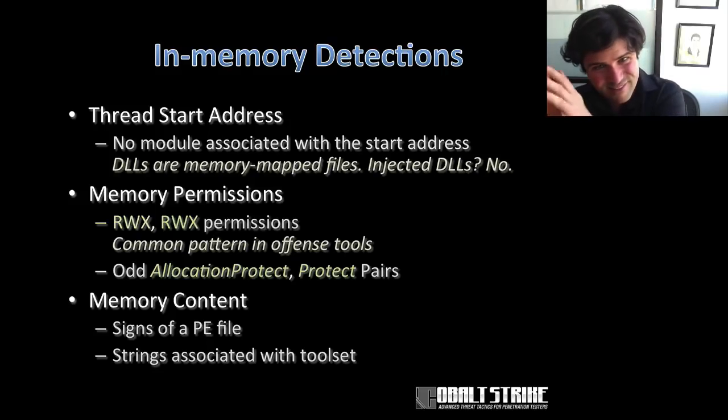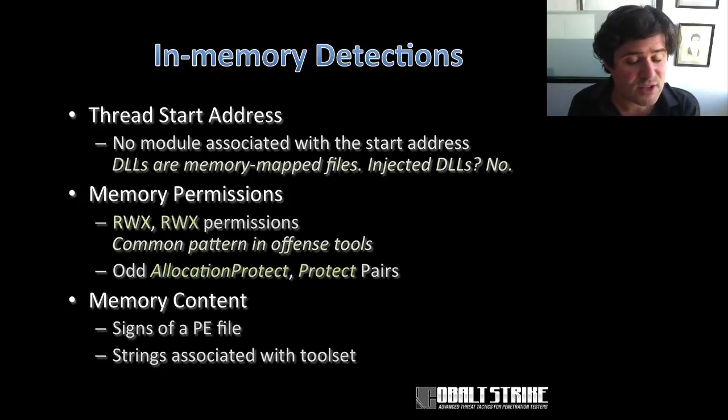Not being something that is your executable or a loaded DLL is bad. And so it looks for basically thread start addresses that are not backed by a module on disk. And it reports those as requiring analyst attention. And for tool sets and operators that aren't careful, this is a very damning tell.